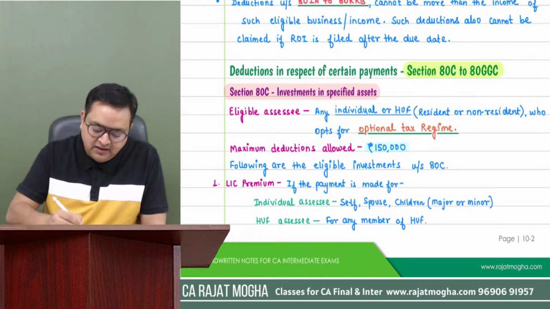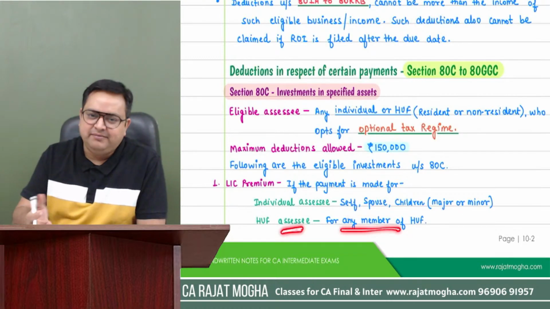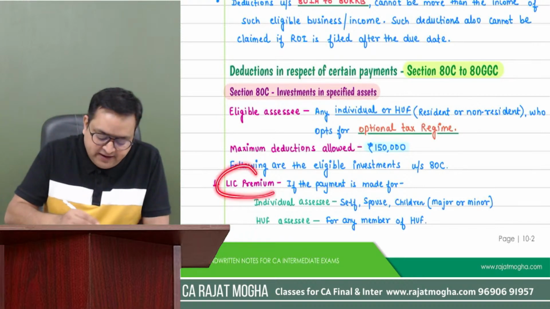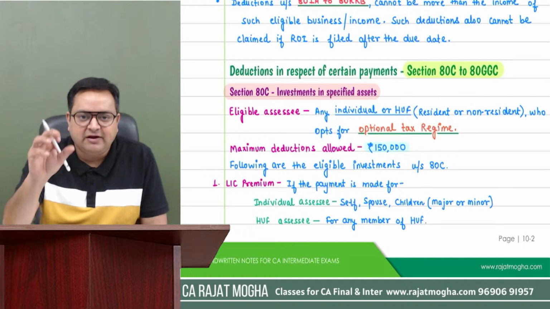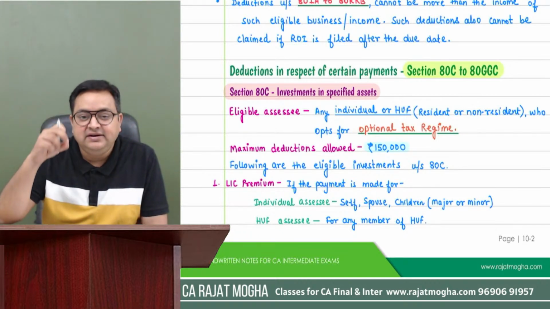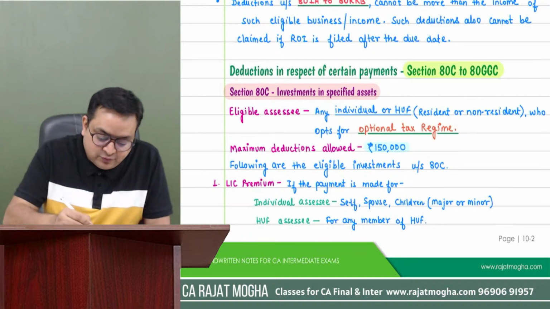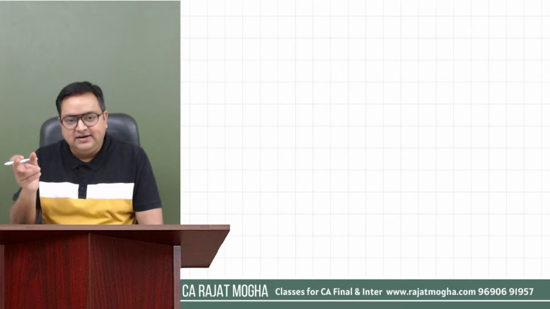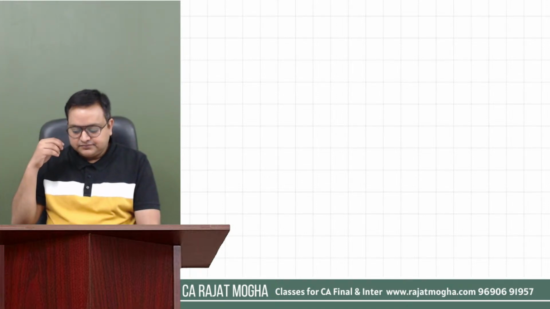Okay. So if an individual is making the payment for these people, or a HUF assessee for any member of the HUF, deduction is allowed. But a very important thing, sir, is how much payment he has made. We know one limit is 1,50,000. But LIC has some internal limit also. It depends upon the date when this policy was taken, because these policies are very long-term policies, right?